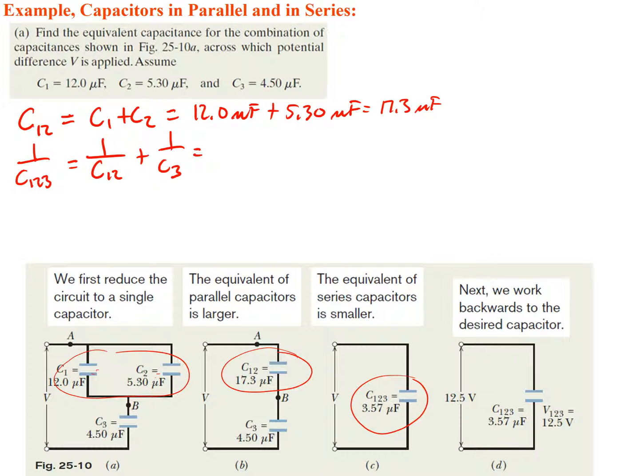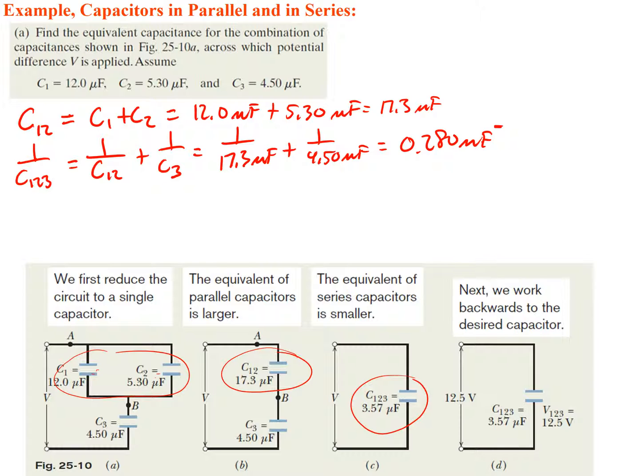That's going to be equal to 1 over 17.3 microfarads plus 1 over 4.50 microfarads. And that's equal to 0.280 microfarads to the negative 1.